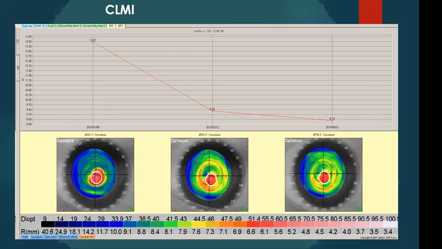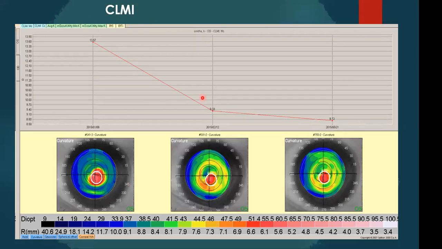So this is another patient. This is a special index which is available with this Keratron machine, which is known as the CLMI, or the cone location magnitude index. So this actually tells us the steepest point on the cornea, and that is analyzed in relation to the entire cornea, and it gives us an analysis of this.